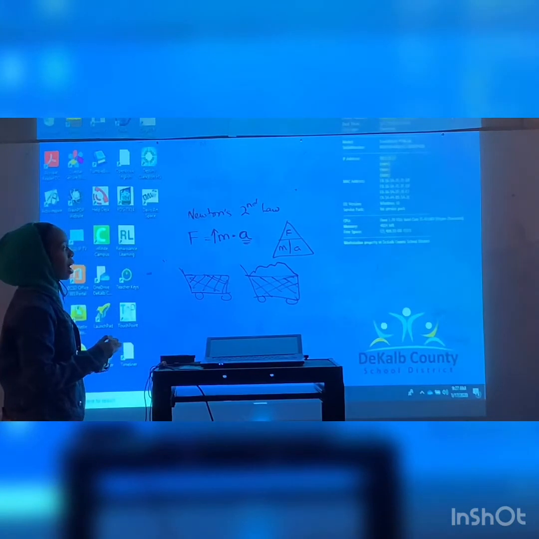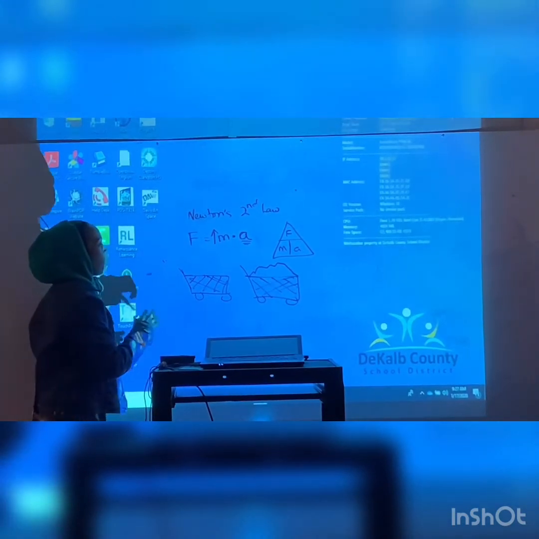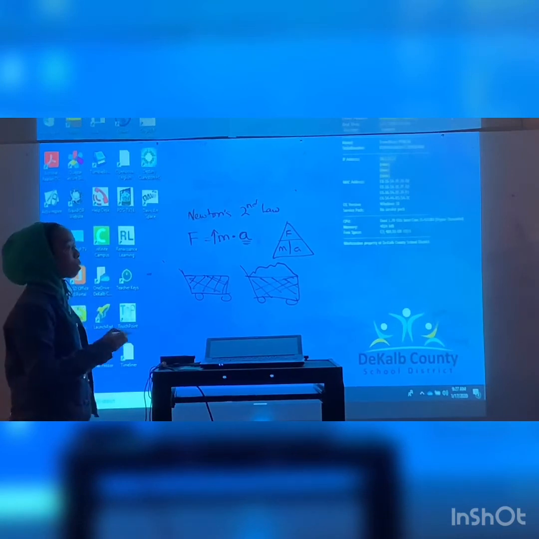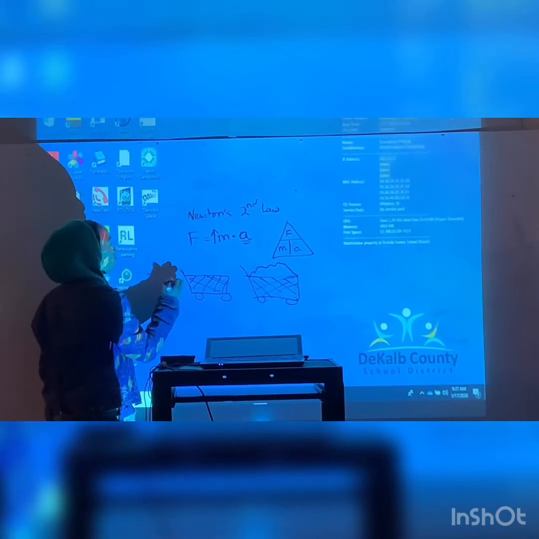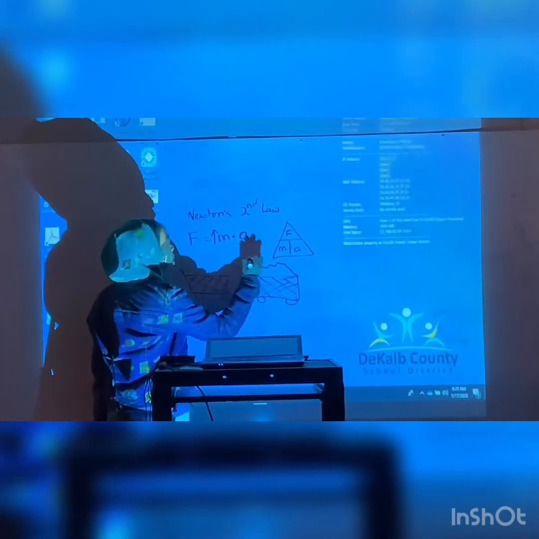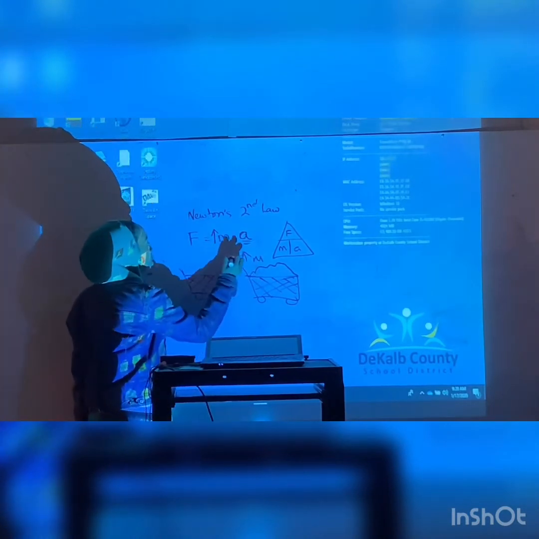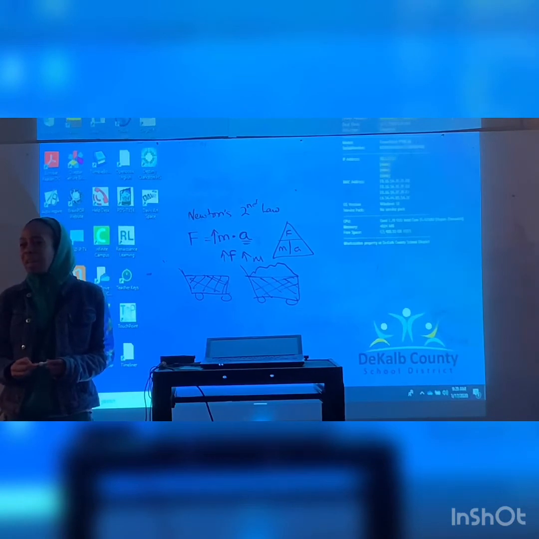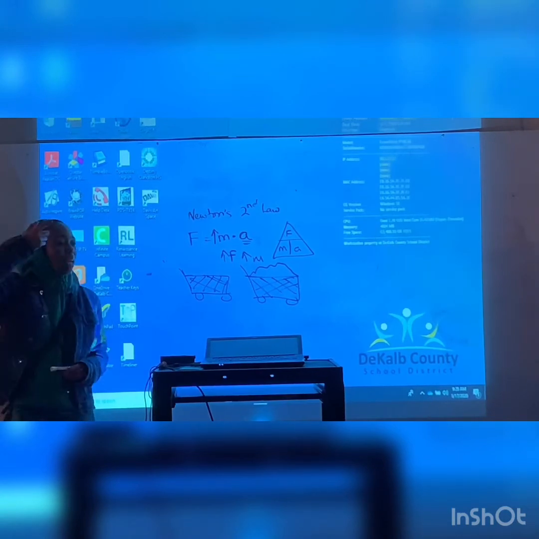What will we have to do if we want to push them the same distance? Add more force. If the mass increases, we need to increase our force.